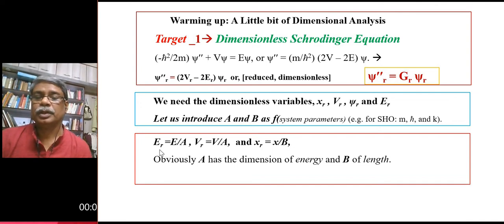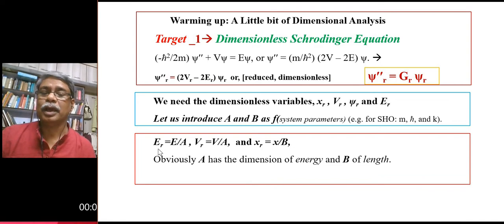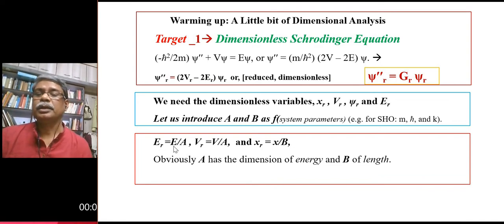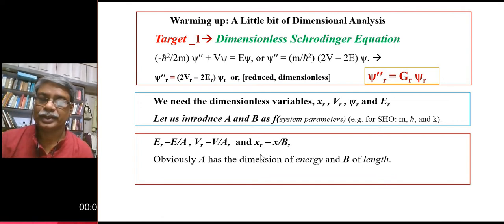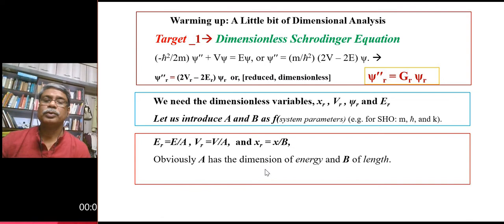A and B were designed in such a way that ER is simply E by A, energy by energy. So A of course has the dimension of energy, and hence V by A, V being potential energy, also gives you the reduced potential energy, and B is such that X by B gives you the reduced XR. So that's how we designed A and B, and we got XR, VR, and ER.